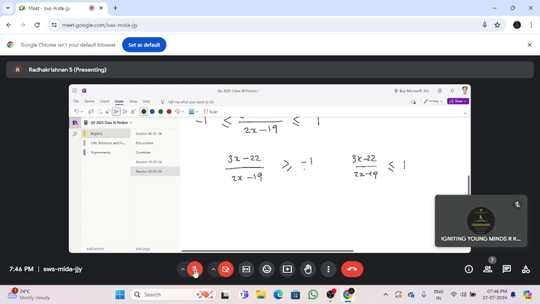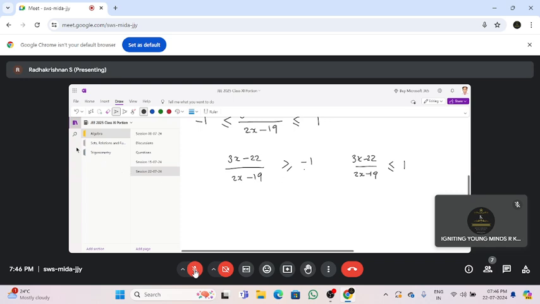The greater than or equal to will become less than or equal to. Cross multiplication simply means multiplying both sides by 2x minus 19. Since we don't know whether 2x minus 19 is positive or negative, we cannot cross multiply, because if it is negative, the sign will reverse.